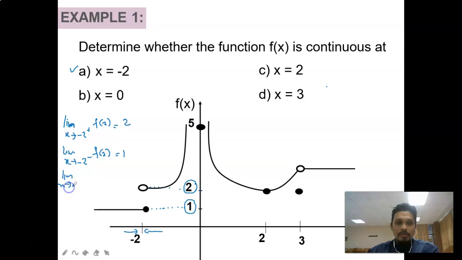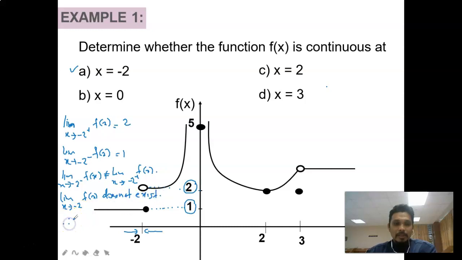The limit as x approaches -2 from the left of the function f(x) is not equal to the limit as x approaches -2 from the right of the function f(x). So the limit as x approaches -2 of the function f(x) does not exist.